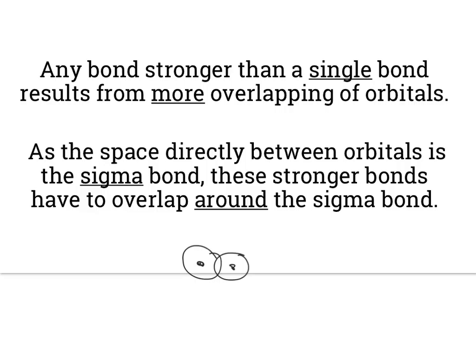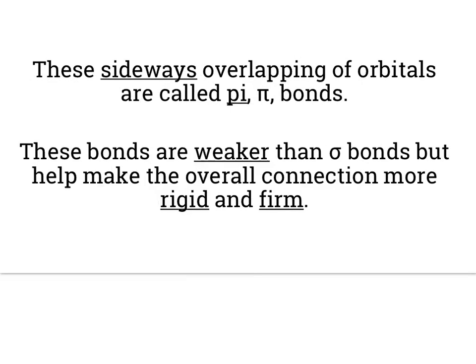We can't add more overlap because they're already overlapping. So we have to somehow go around, or in different planes, if you will, to actually make this bond stronger. So this sideways overlapping of orbitals, these are called pi bonds, like the number.